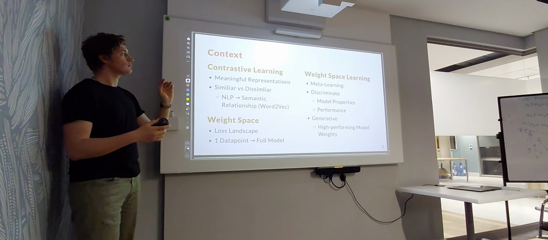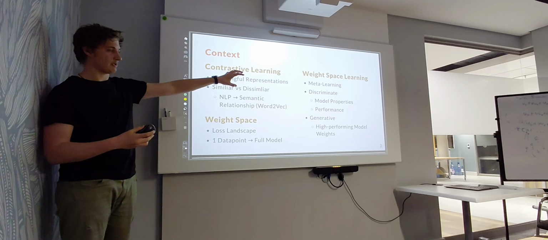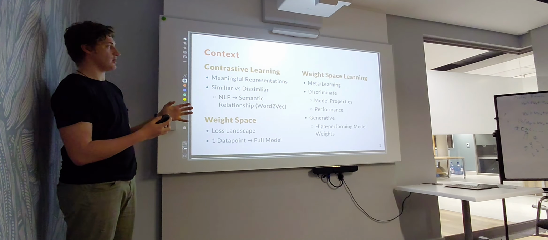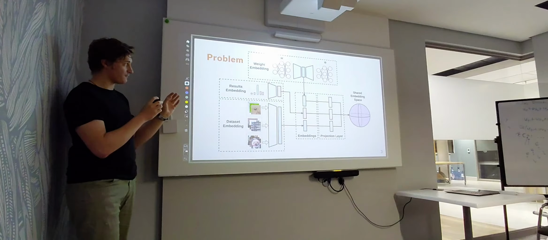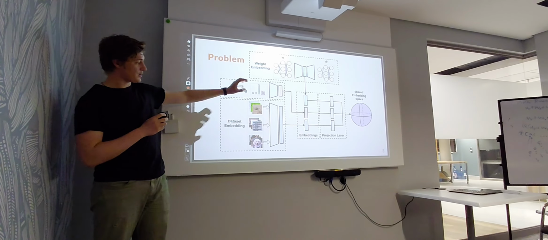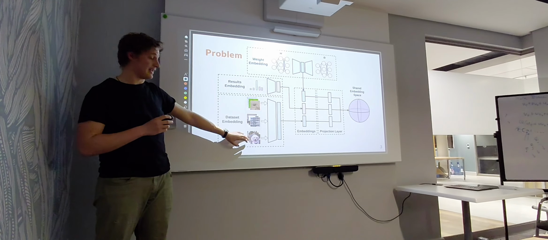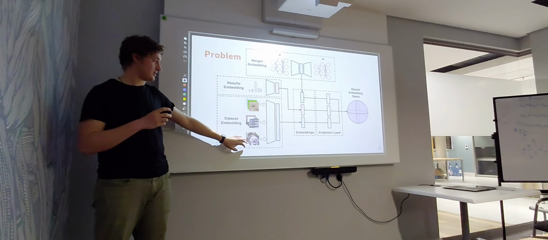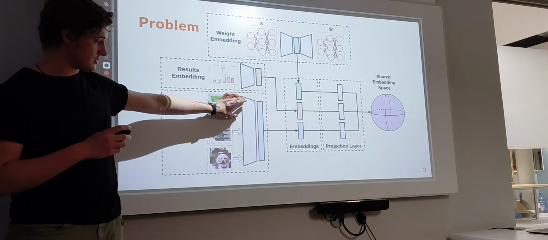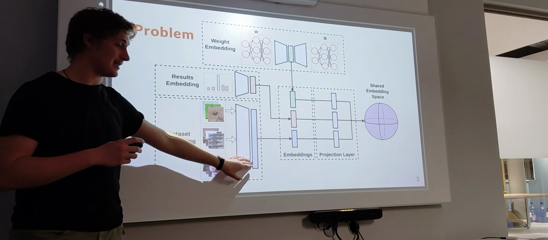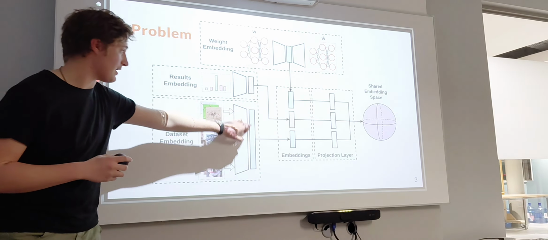So how can you combine contrastive learning and weight-space learning for my project? For that, first we consider three classes of the ImageNet sub data set. We first embed it into a latent space and generate a data set embedding.